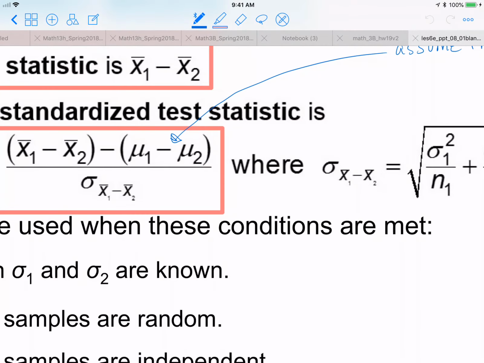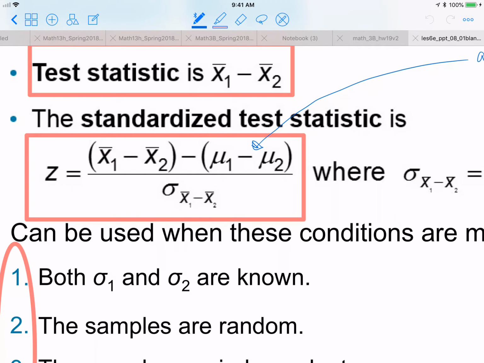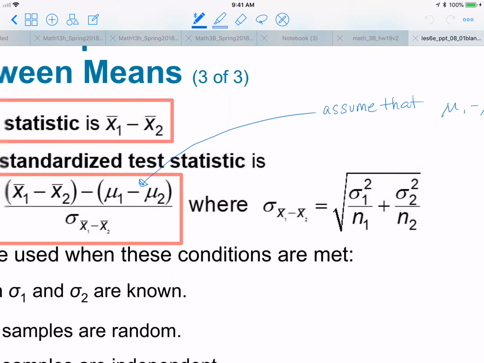I need x1 bar minus x2 bar minus mu1 minus mu2, all over my standard error. And my standard error is going to be the square root of sigma 1 squared over n1 plus sigma 2 squared over n2.